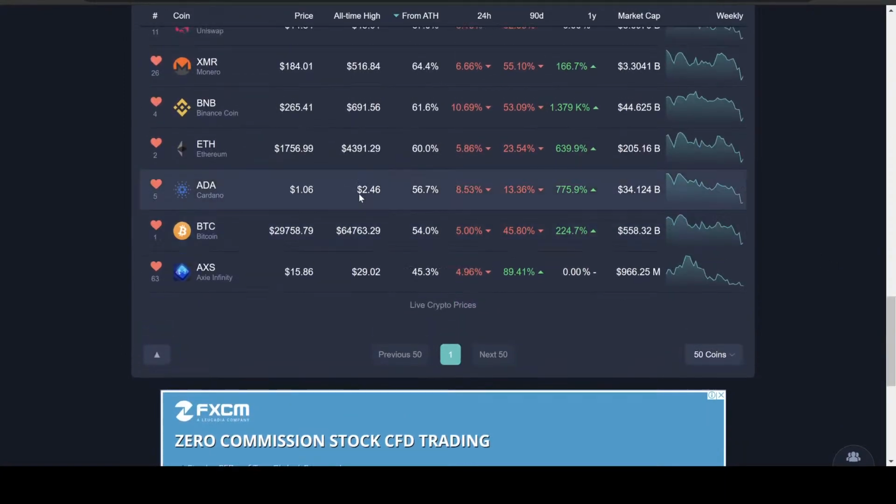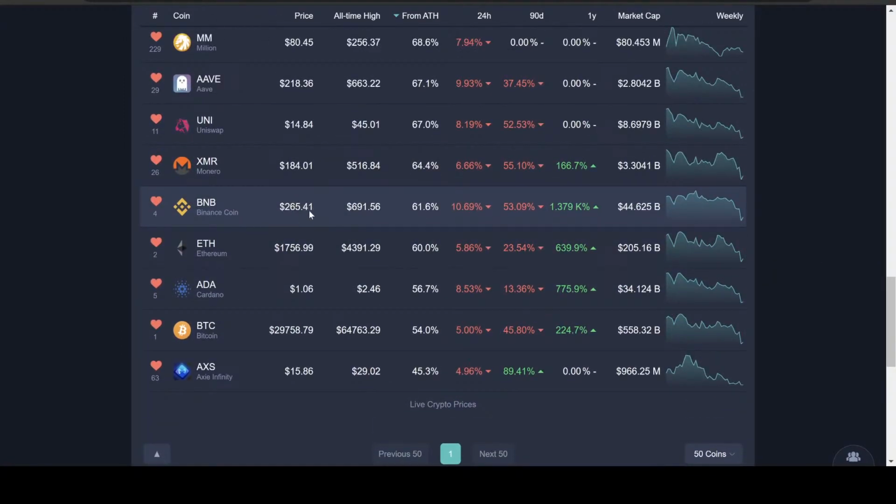Okay, so when you look at BNB, its drawdown is similar to Ethereum, and it's a bit worse than Bitcoin, but that's a good thing. If it's somewhere close to the drawdown of Bitcoin and Ethereum, it's going to be a good project.